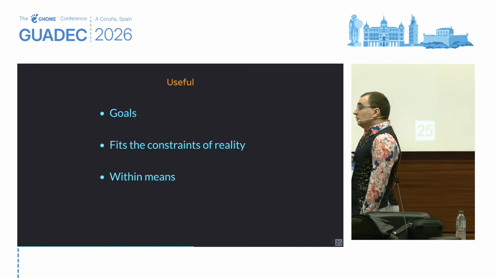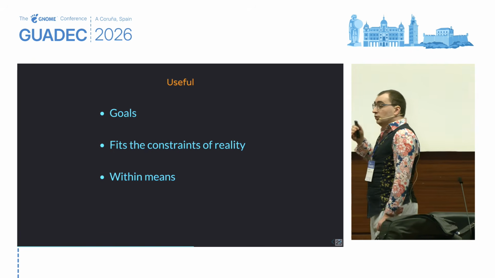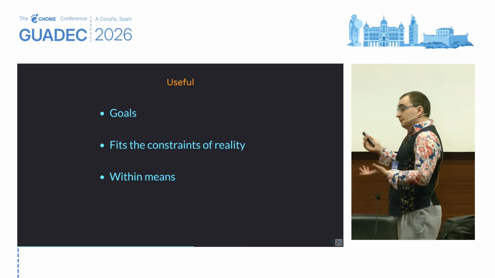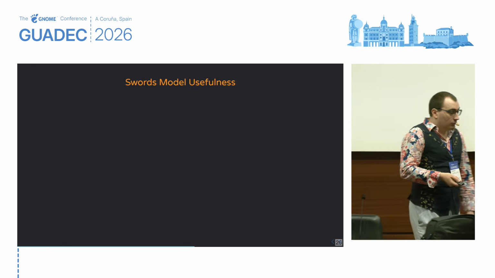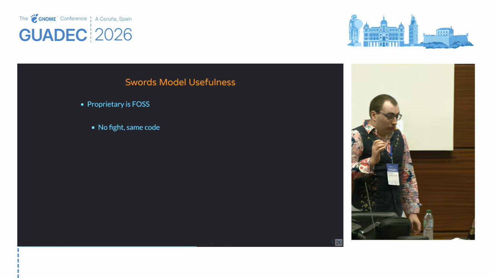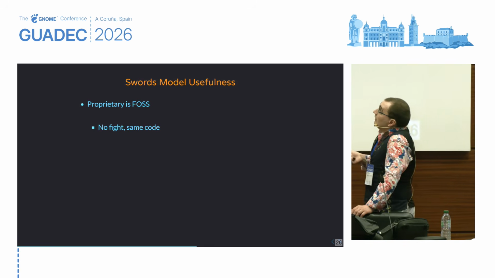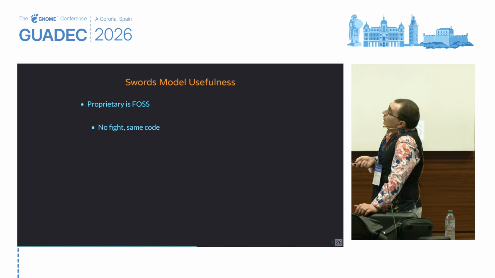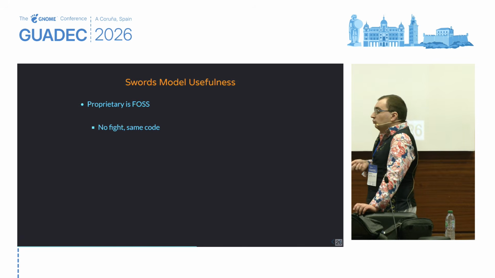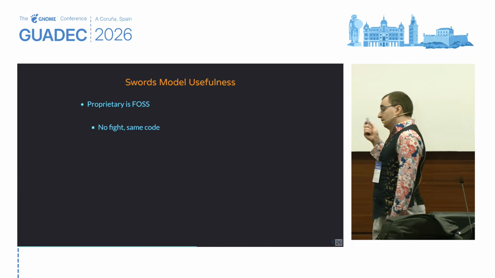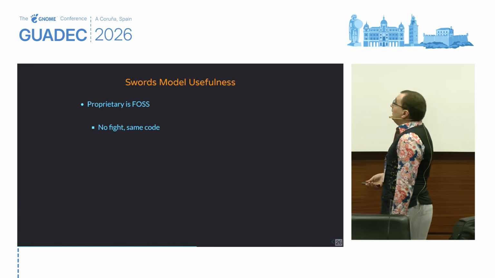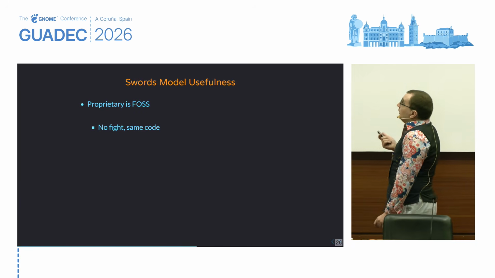So what does this model tell us about how to help software keep running? Well, it has a few problems. What it's telling us is probably we should tax proprietary software to be able to finance the open source one, because that's the one that respects everything, that's the one we want to develop, and that's the one we want to maintain.